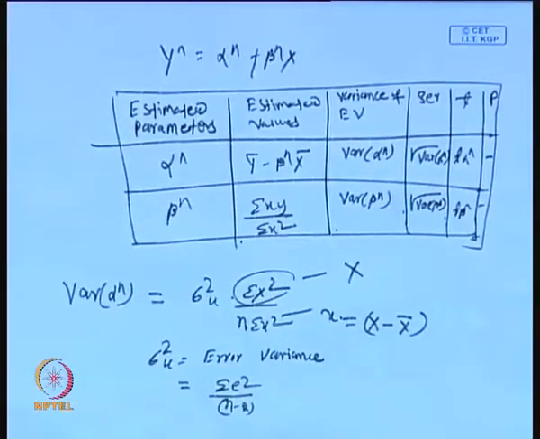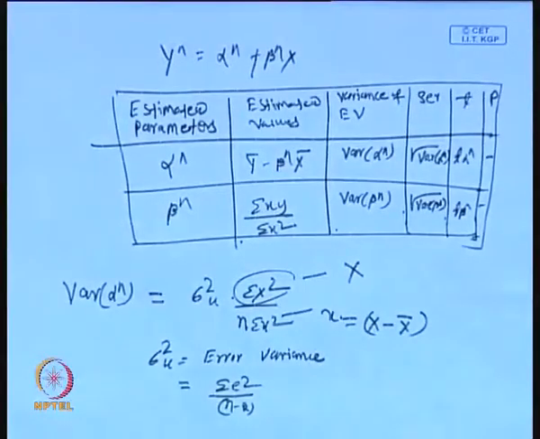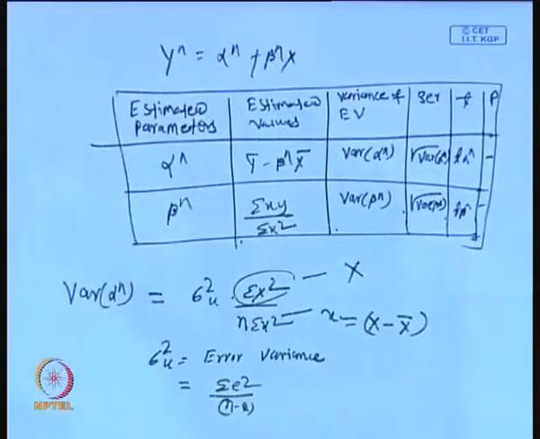Since this particular model is a bivariate one, there are 2 variables and 2 parameters, that is the alpha parameter and beta parameter. As a result, k is 2. So, there is no point writing summation e square by n minus k, because it is already known that k represents the total number of variables in the system, that is y and x, or the number of parameters, that is alpha hat and beta hat.